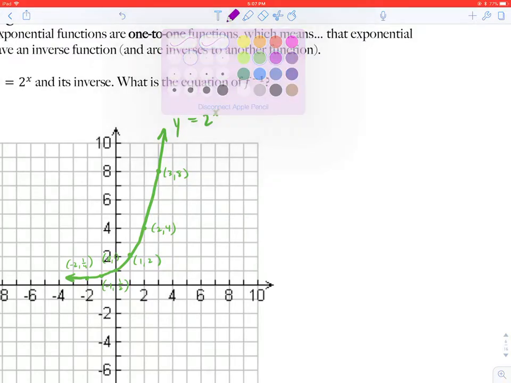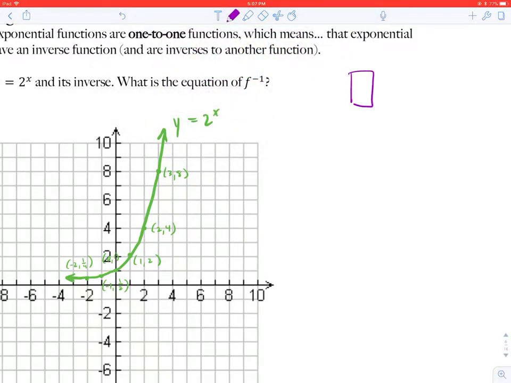Like, I always like to draw the picture of the function machine. So let's say this is a function f, and then this is f inverse.